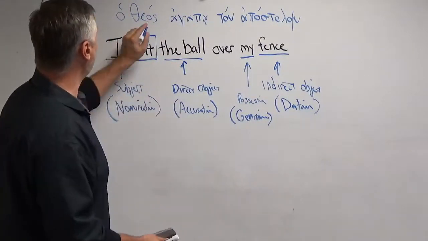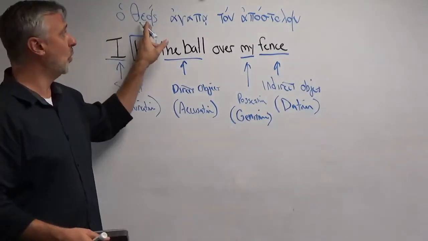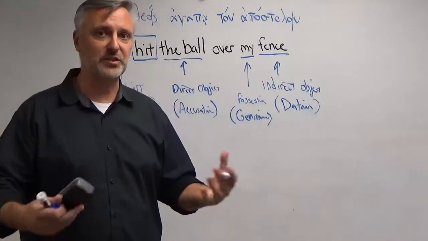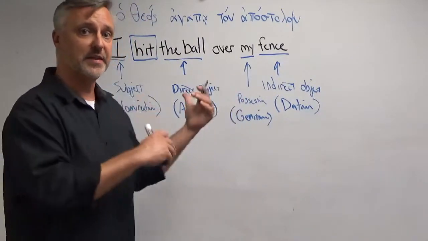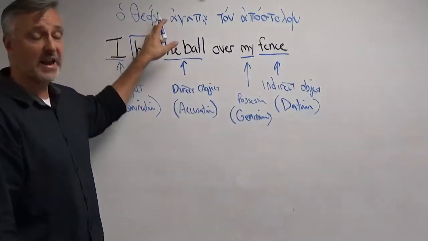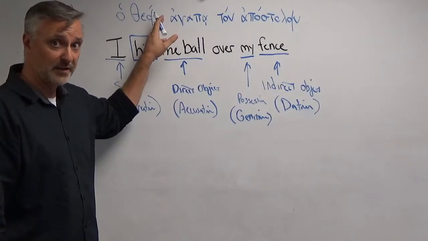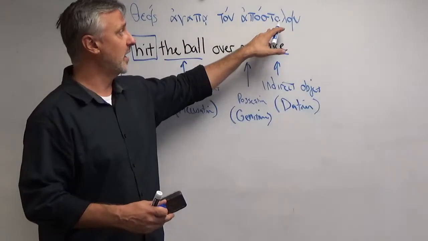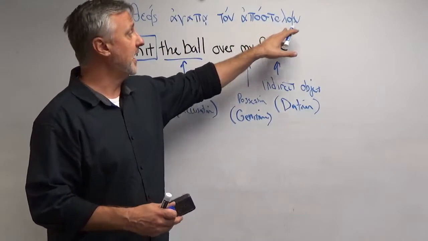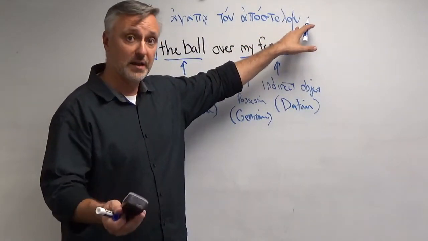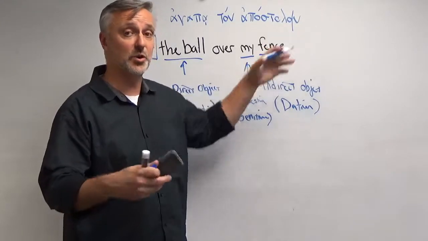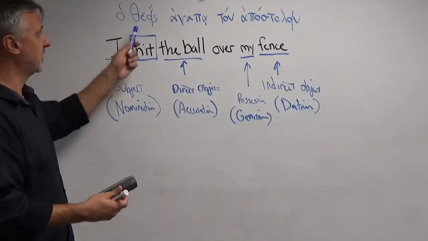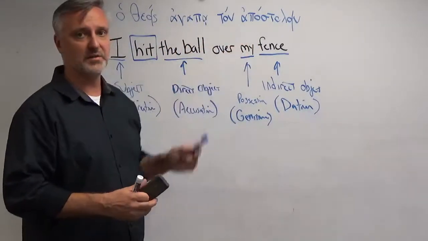In the same way, theos has a stem, theo-, and it will take different case endings to show its function in the sentence. In this case, theos is taking a nominative ending, which shows that it's the subject of this verb. Apostolon is taking an accusative case ending, which shows it's a direct object in the sentence. And so the way we would translate this is "God loves the apostle."